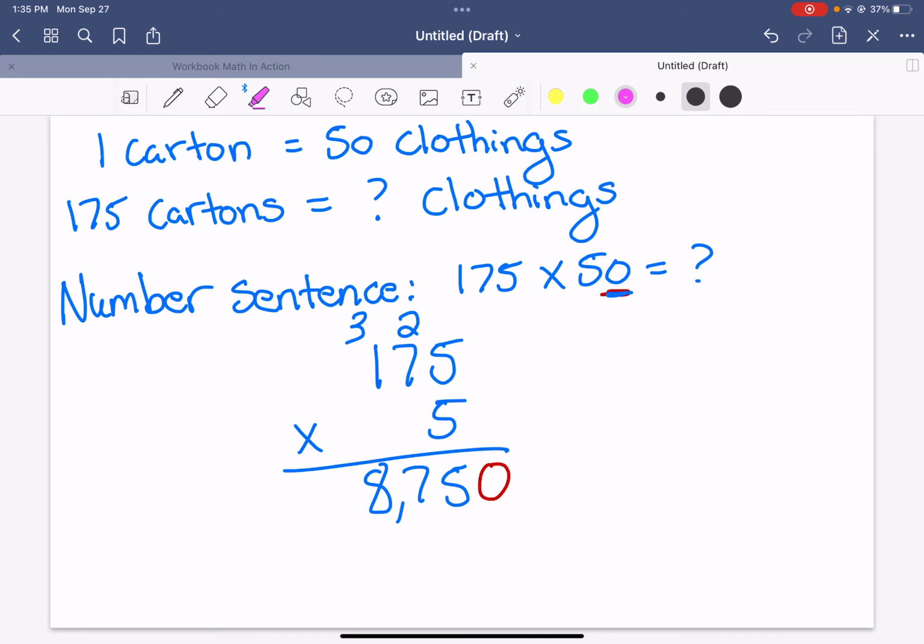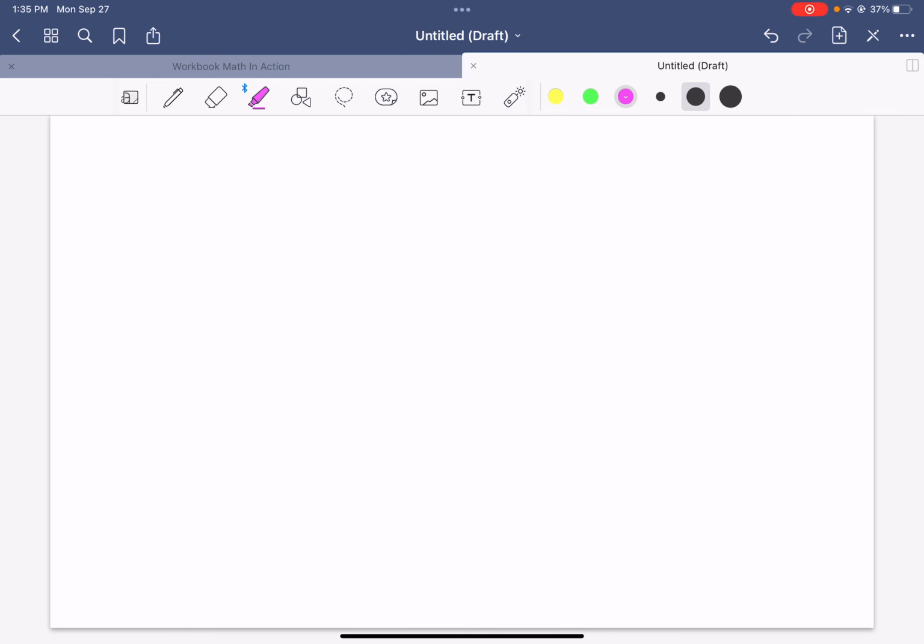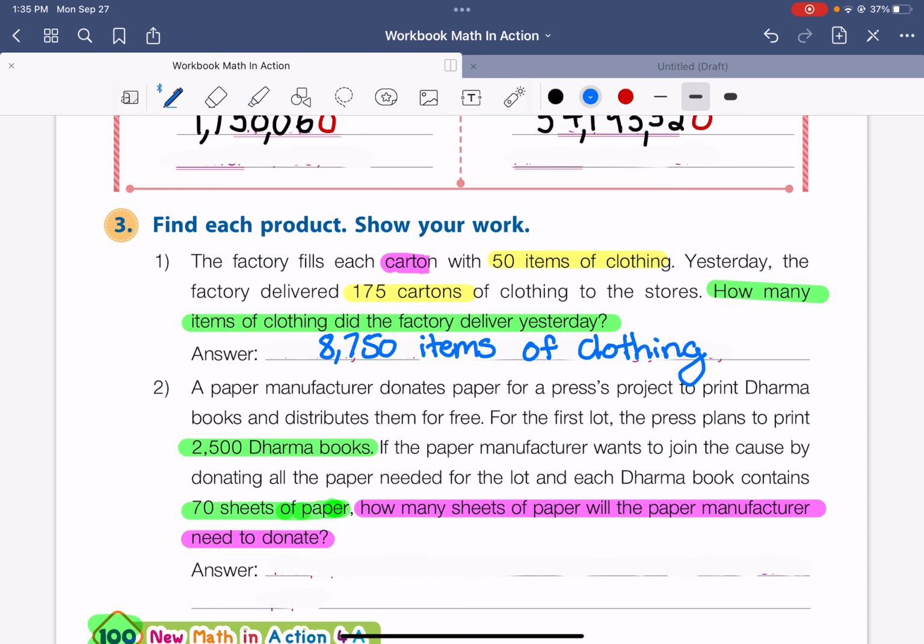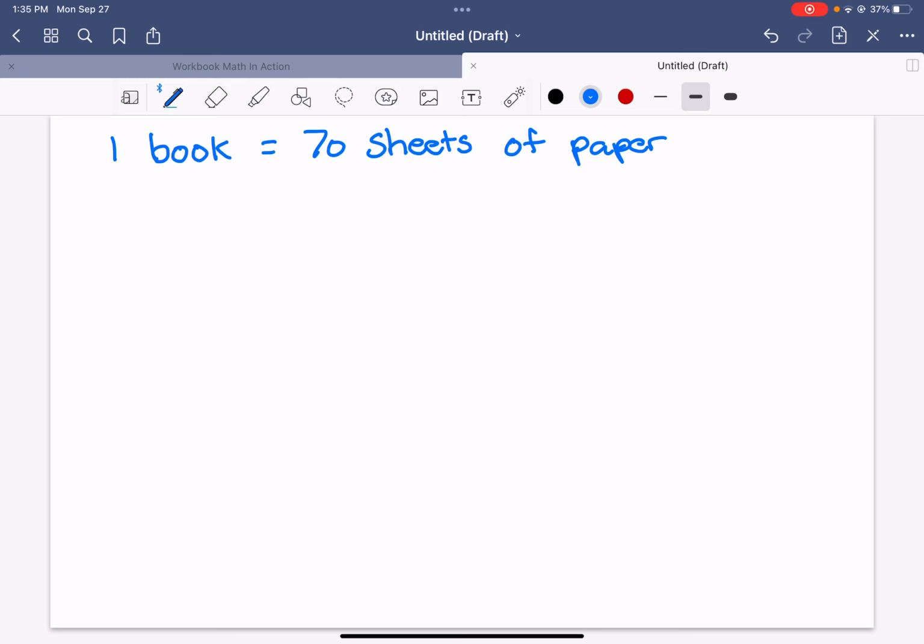So, let's write this out. We're going to write it simple. One book needs 70 sheets of paper. How many books do we have? We have 2,500 books. So we need to find out how many sheets of paper.